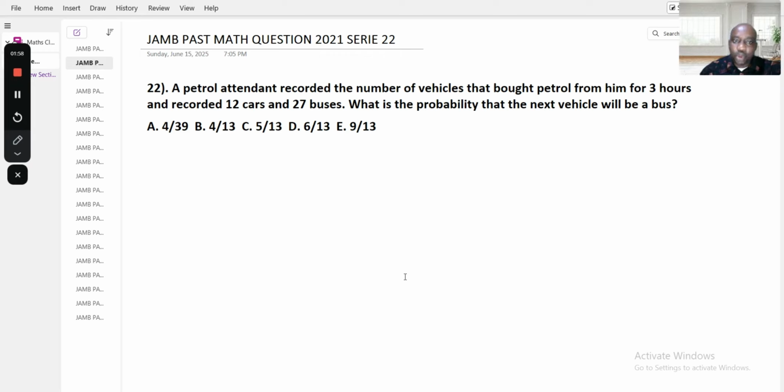A petrol attendant recorded the number of vehicles that bought petrol from him for 3 hours and recorded 12 cars and 27 buses. What is the probability that the next vehicle will be a bus?